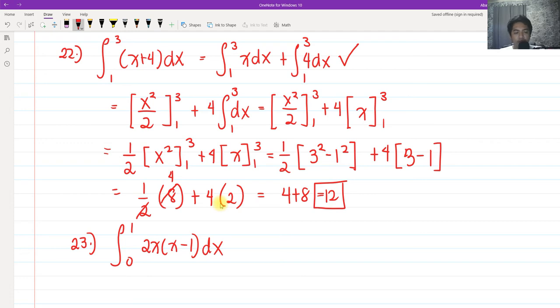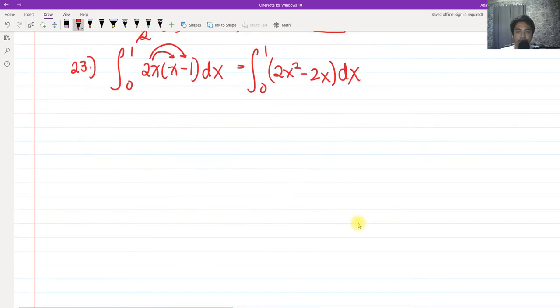How about this one? First, we are going to distribute 2x here, such that this becomes the integral of 2x squared minus 2x dx evaluated from 0 to 1.